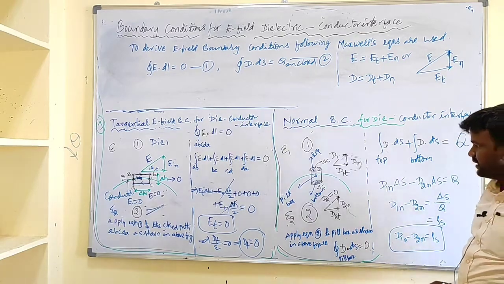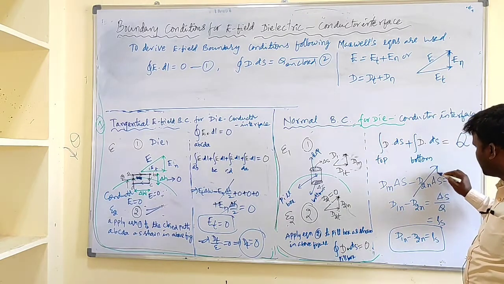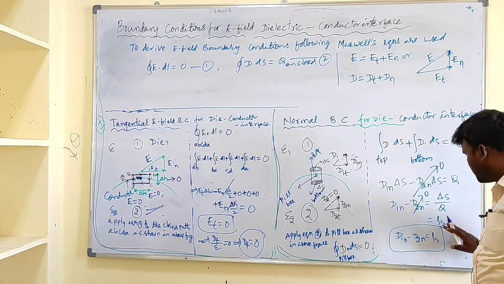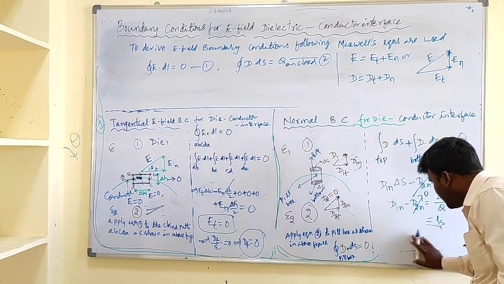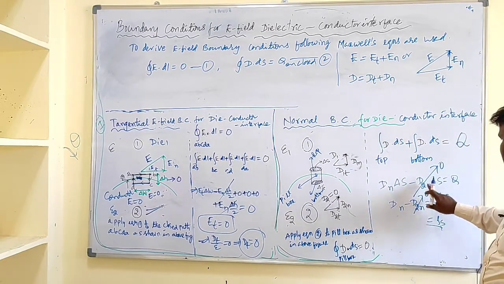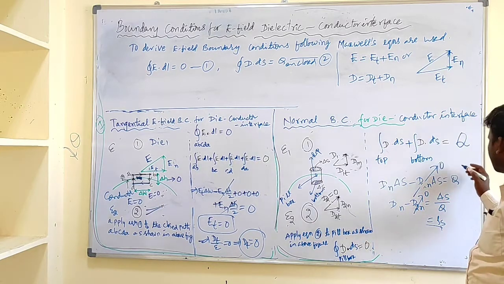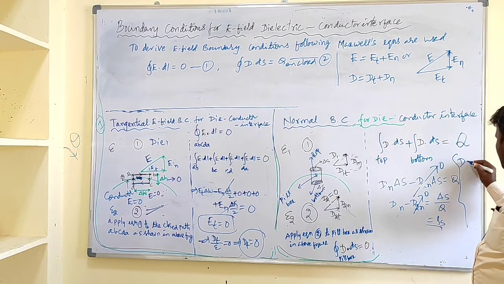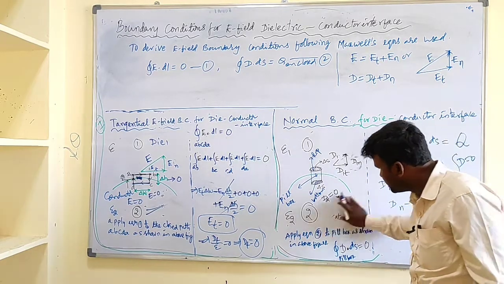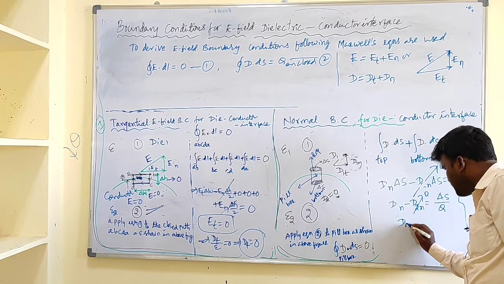Of course, one thing is clear: D is 0 for the second medium, so D2n is 0. As there is only one component, I can consider Dn instead of D1n. So we can write Dn equal to rho s.